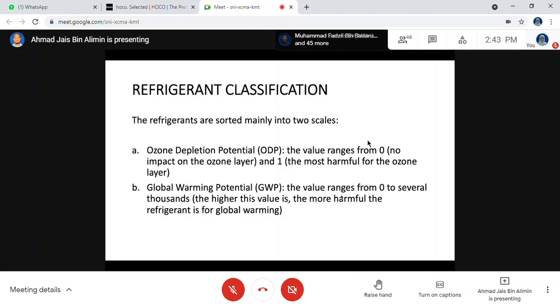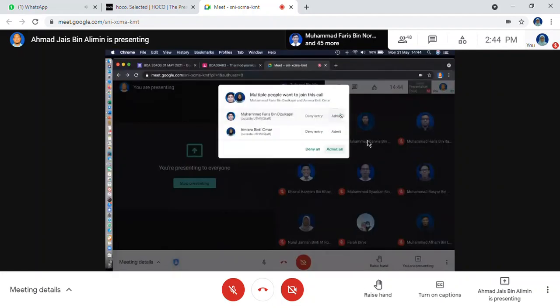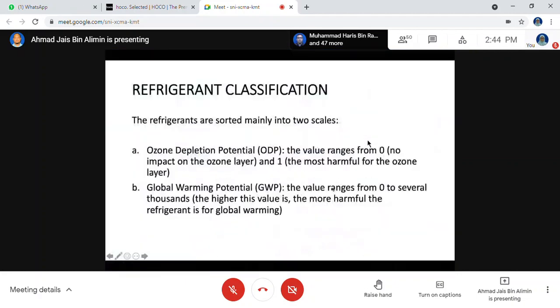Okay, so for ODP values, it's between 0 to 1. 1 means that the refrigerant is harmful for the ozone layer. 0 means there is no impact to the ozone layer. And the next determinant or parameter is the value of GWP, global warming potential. So it starts from 0 until a range of a few thousands.